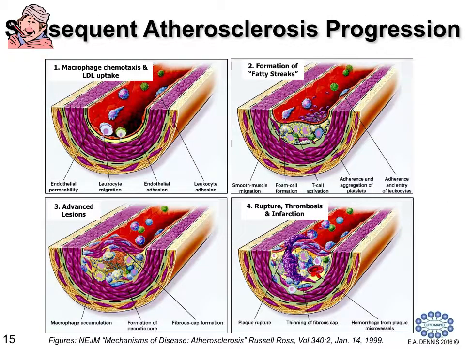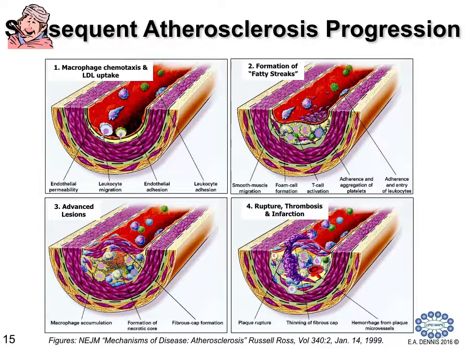I would like to end Part B with the same slide that I started Part A with, to summarize what I hope you learned about the details that are portrayed in Atherosclerosis Progression, in which macrophages take up LDL by the processes we indicated, especially oxidized and acetylated LDL, which has a propensity to form fatty streaks and foam cells.